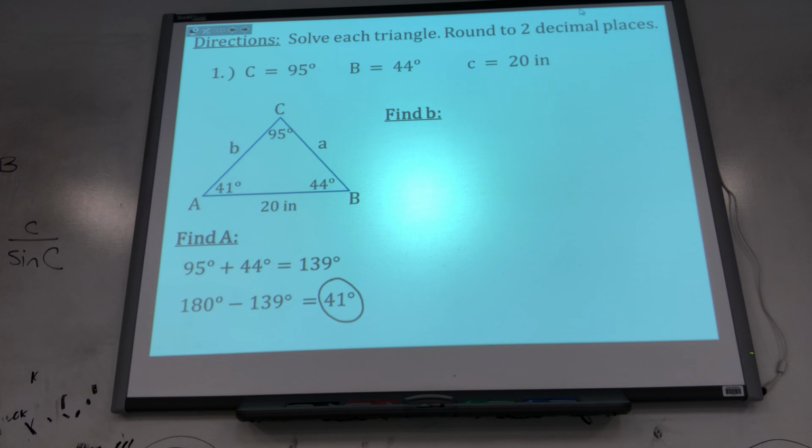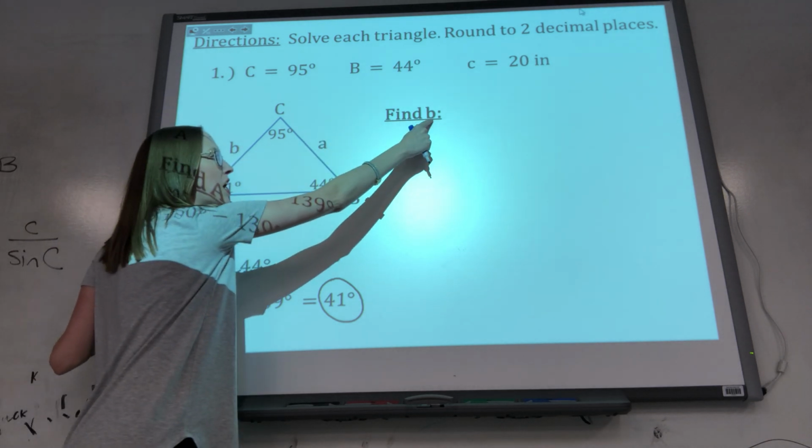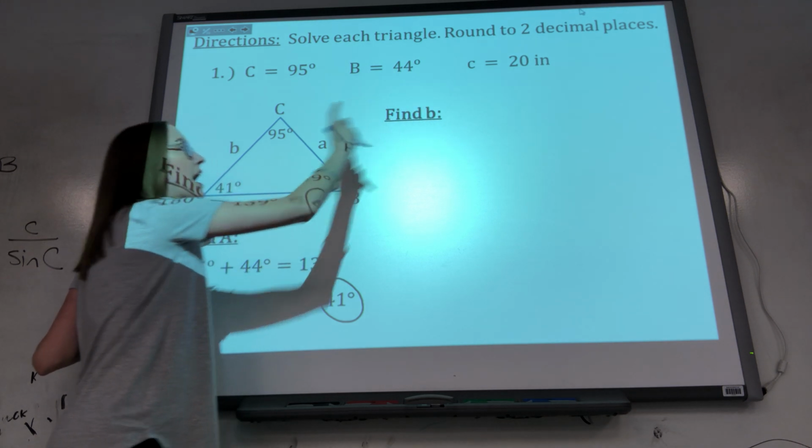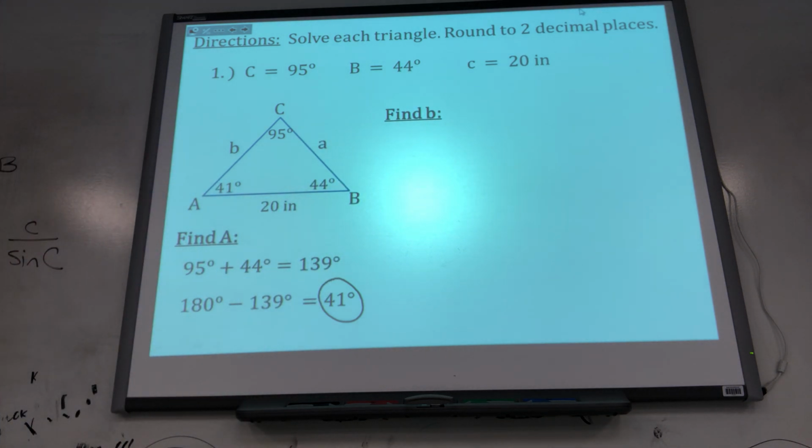Now, here's where we have to decide which two parts of the formula we're going to use. I am trying to find side B at this point, so I know for sure I have to use the part of the formula with the B's, because that's what I'm trying to find.